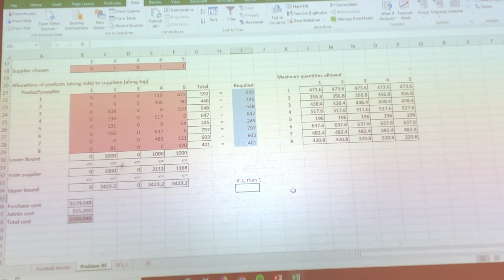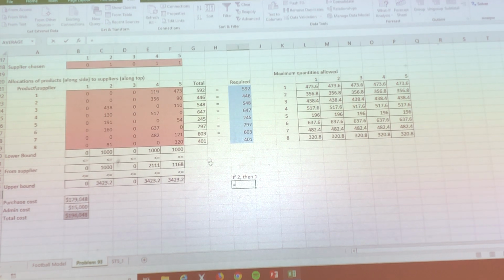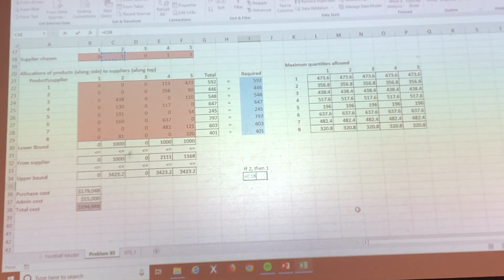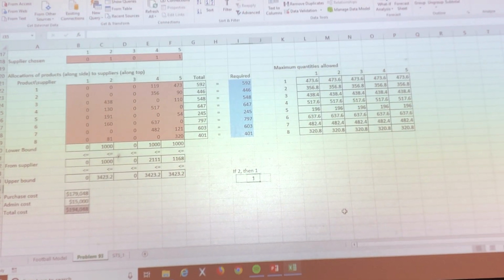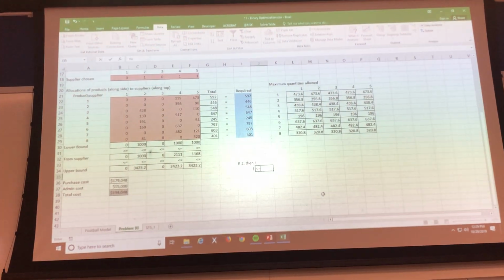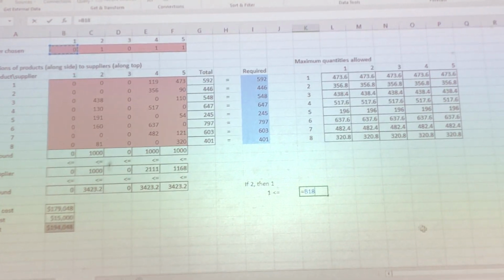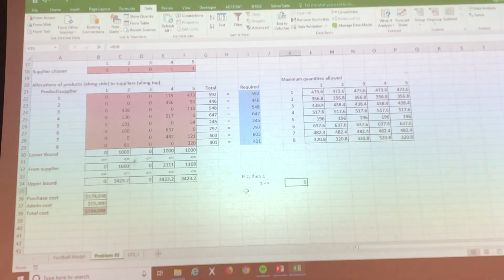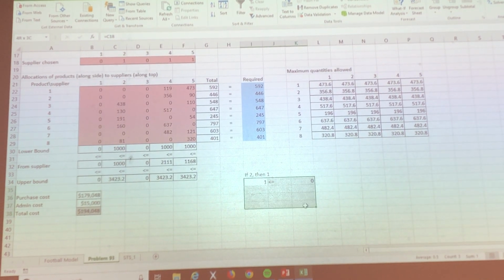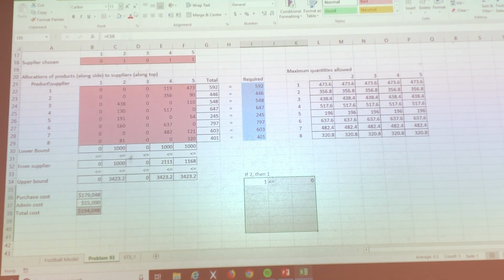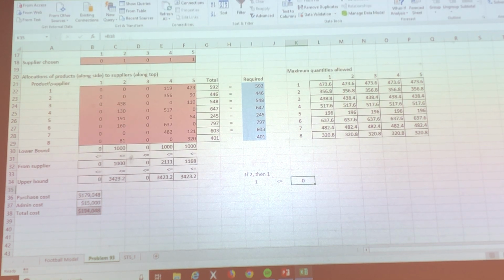I want a little documentation area that says a reference to the binary for 2, that's C18, should be less than or equal to a reference to the binary variable for 1, that's B18. It shows your train of thought on what you were trying to do, but it of course does have to go into Solver.